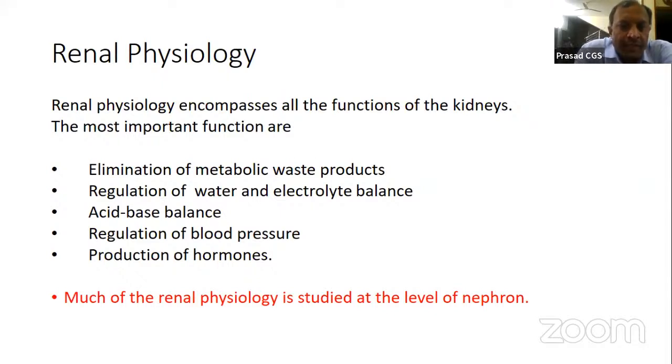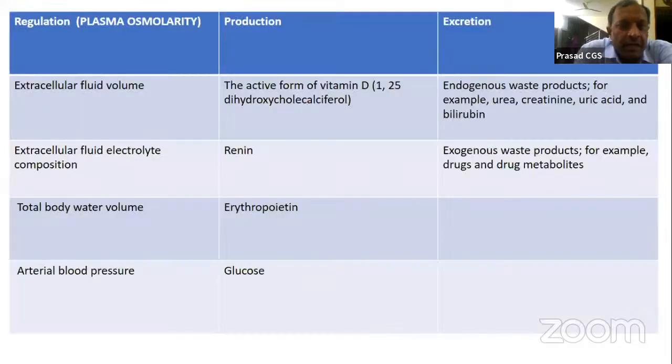The physiology can be classified as regulation, production, and waste excretion. It is involved in the regulation of fluid balance, electrolyte balance, and the production of vitamin D (1,25-dihydroxycholecalciferol), renin, erythropoietin, and it's also involved in the excretion of exogenous and endogenous waste products.